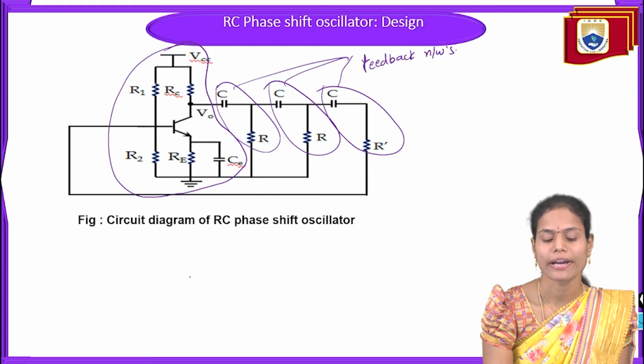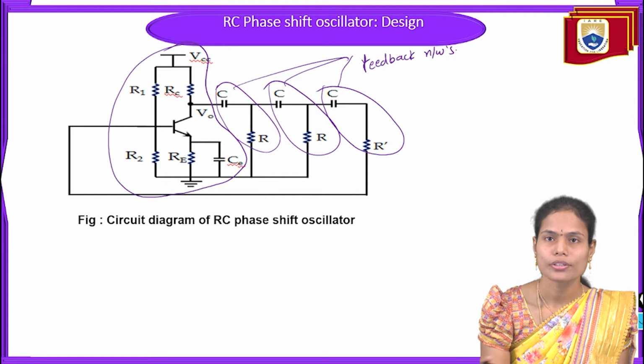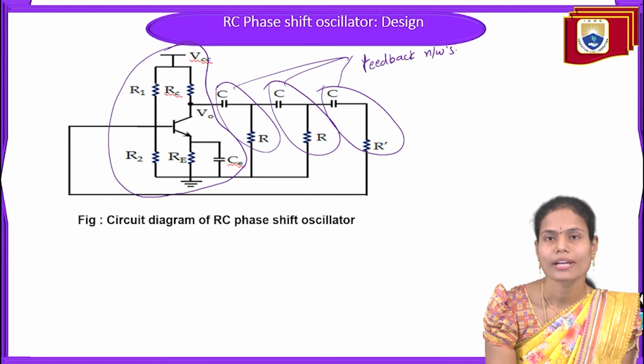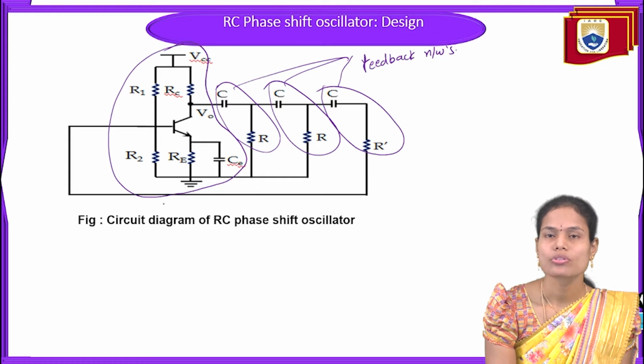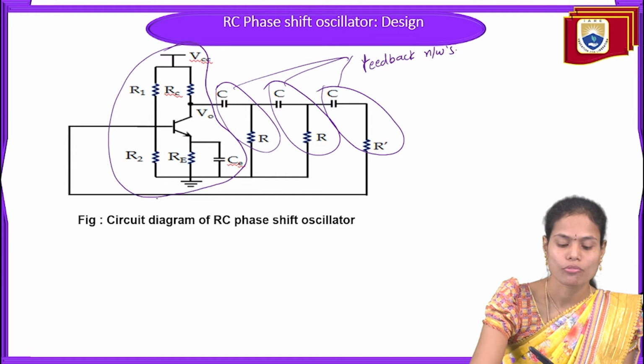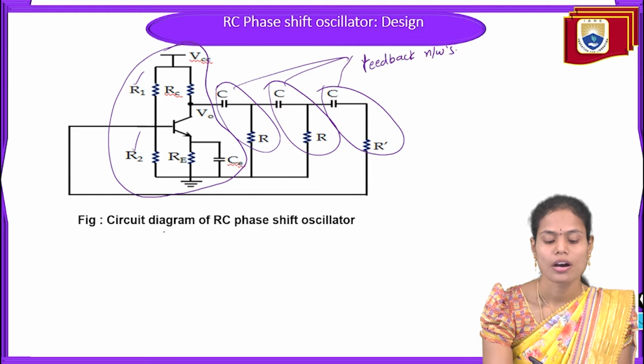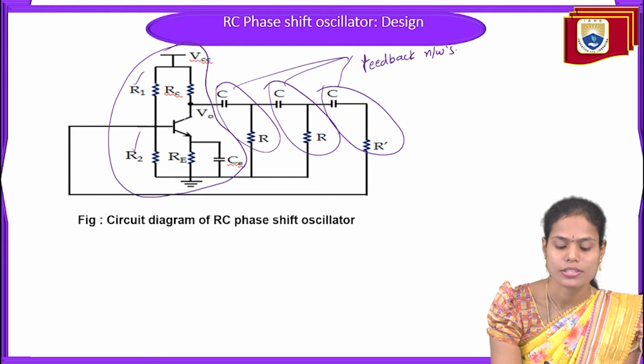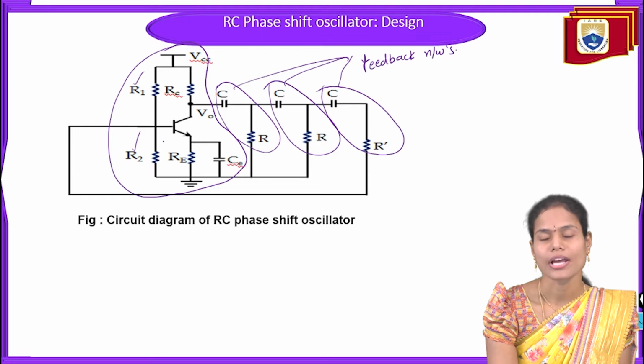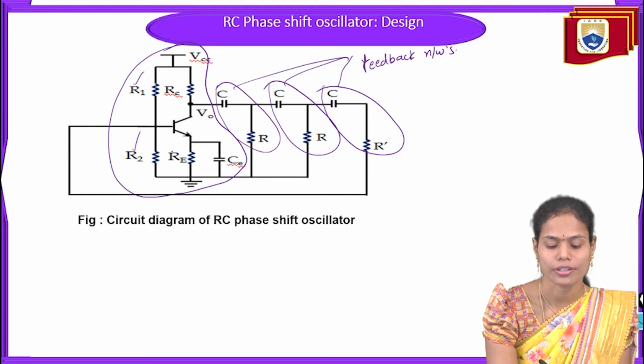In order to operate this particular amplifier, first we have to provide the proper biasing required for this amplifier. That proper biasing is provided by these R1 and R2 resistances, which provide the required biasing for the transistor or the amplifier here.